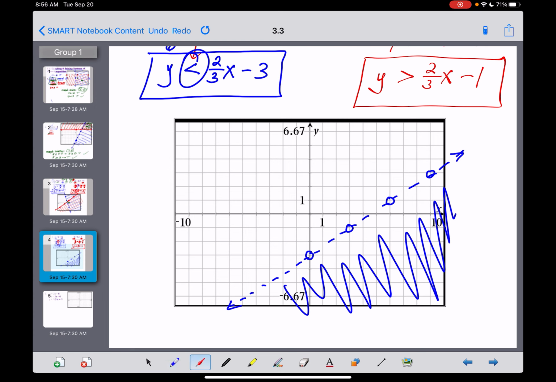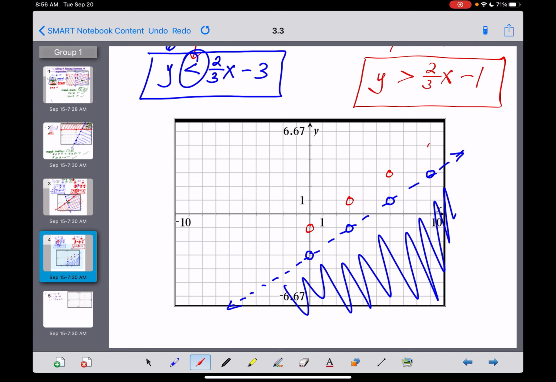Now the second one. Something interesting happens here. Our y-intercept for this red line is negative 1. So I'll put an open dot right there, open because the symbol is just greater than, not greater than or equal to. And our slope, which you probably noticed a minute ago, is the same here as it was for the blue line. Up 2, right 3. Up 2, right 3.